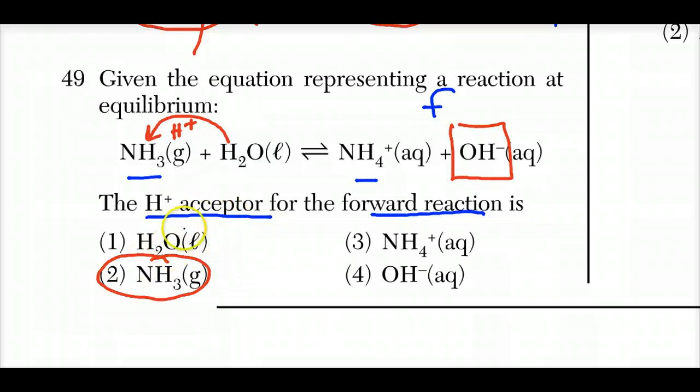But they say other. So the water is acting as an acid because it is donating an H plus, and NH3 is acting as a base. They're not going for that. But look at the reaction. As we go left to right, NH4 plus has one more H than NH3. The only way that could happen is this guy had to accept an H. 49 is 2.